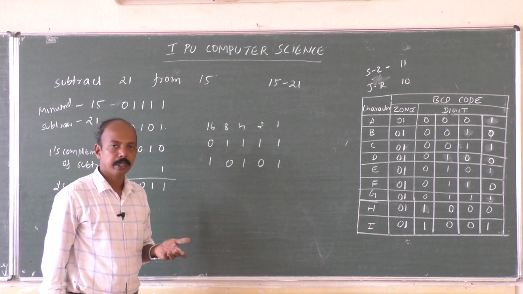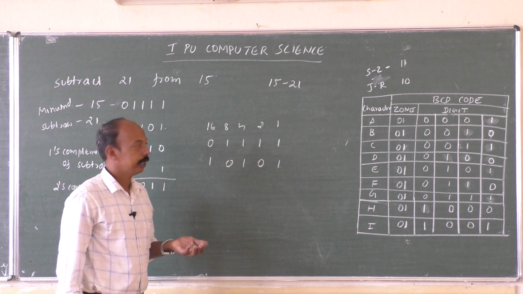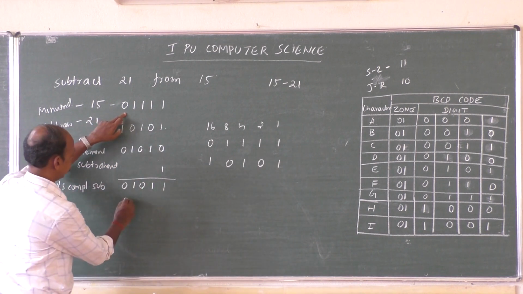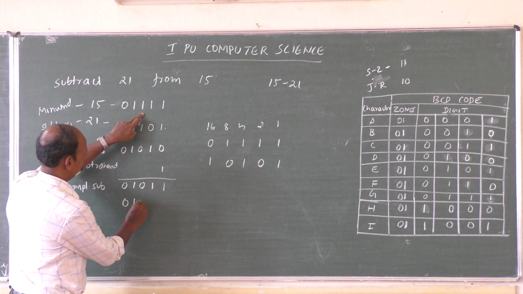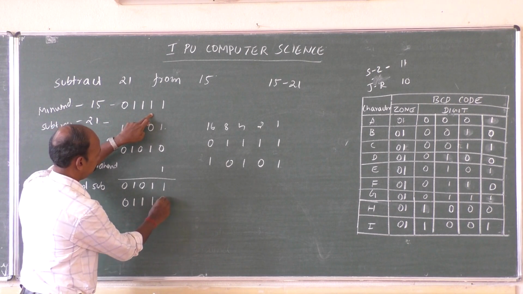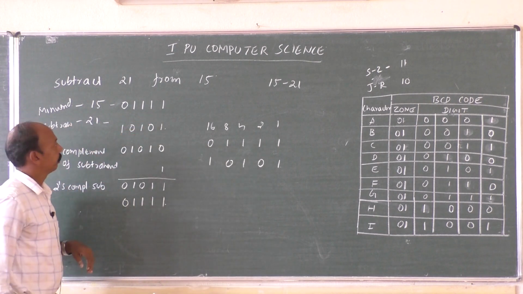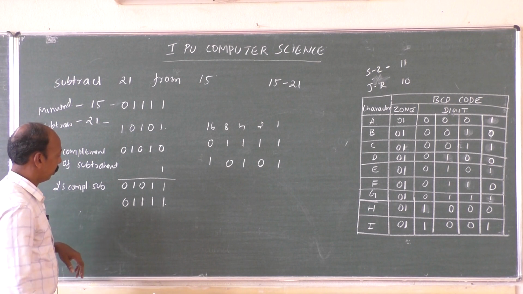Now what we should do? We have to add the minuend to it. What is the minuend? It is 0, 1, 1, 1, 1.